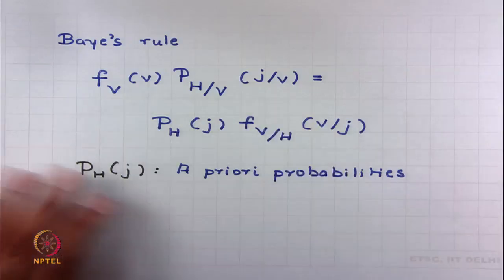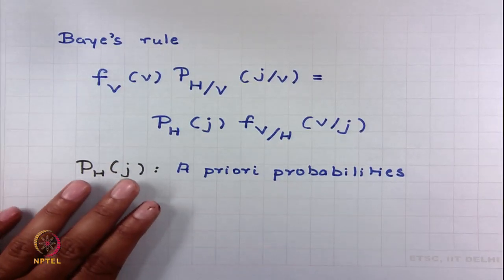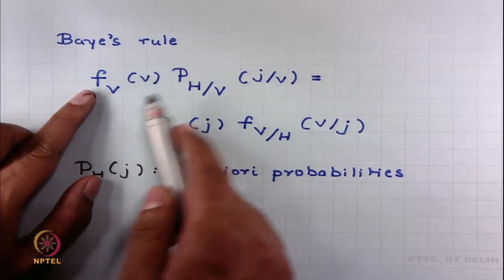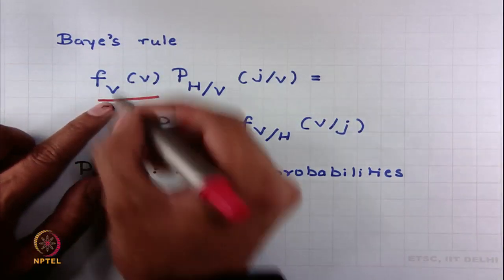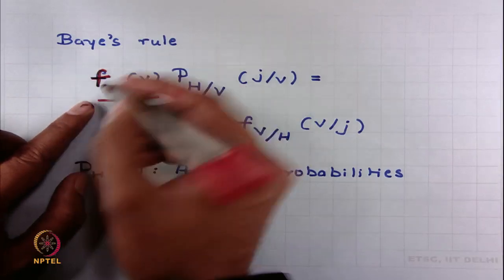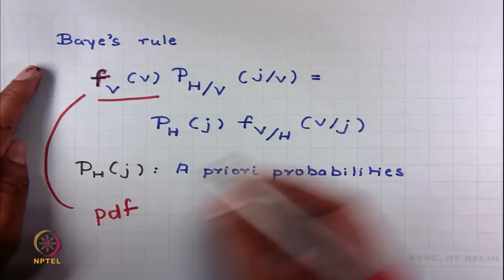Let us go to this Bayes rule, which is the first thing, or probably one of the first things that we study when we study probability theory. So, Bayes rule says that the marginal probability density function, so f in this course denotes the PDF or probability density function.